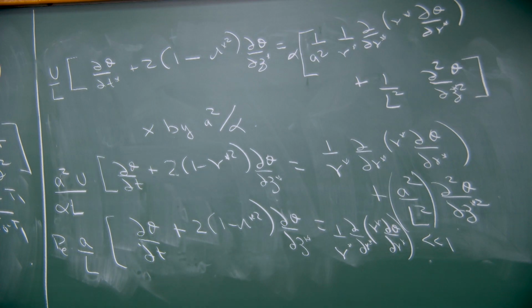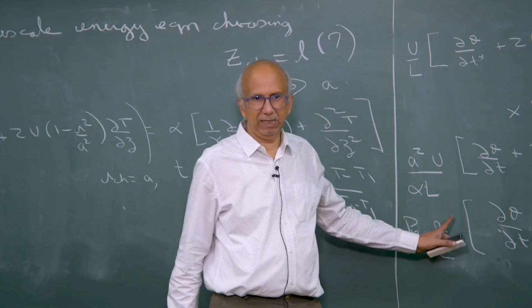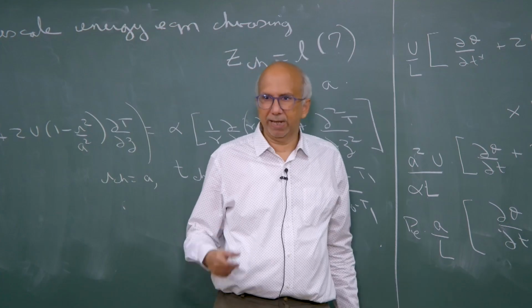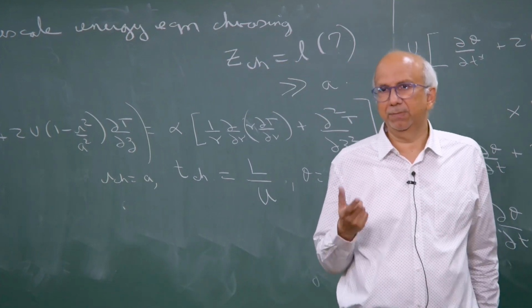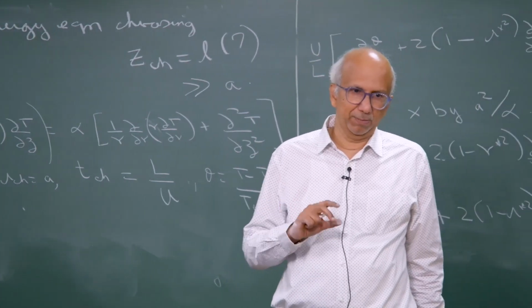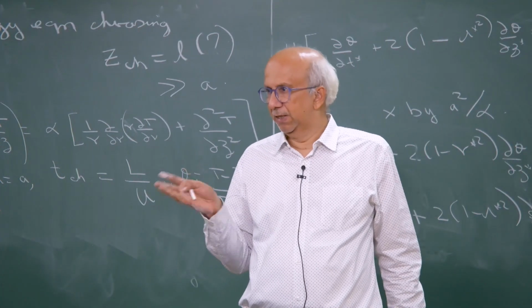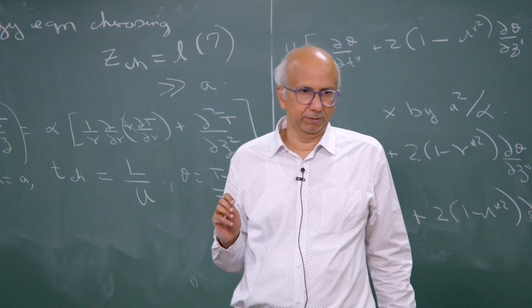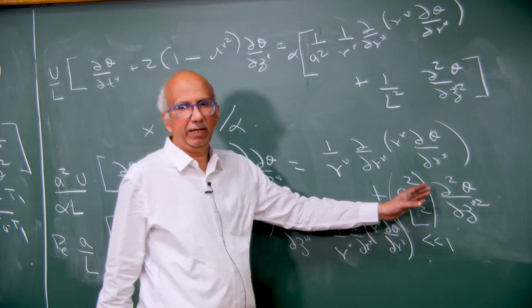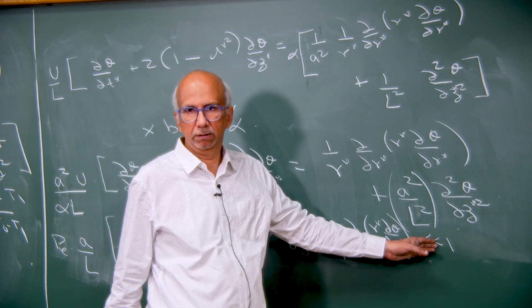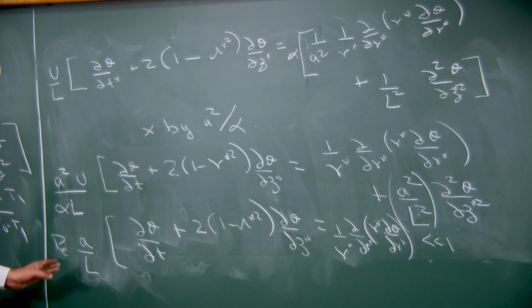Okay. So, I have an A by L also here. I have Peclet number multiplied by A by L, but the argument is A by L is small, Peclet number is large. So, Peclet number multiplied by A by L is reasonable, so I am not neglecting it, you understand. You may ask, I have neglected A by L here, I have A by L here, why am I not neglecting that?